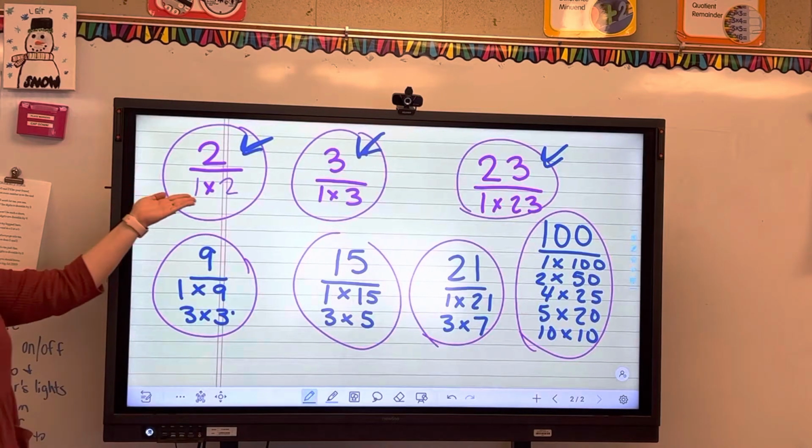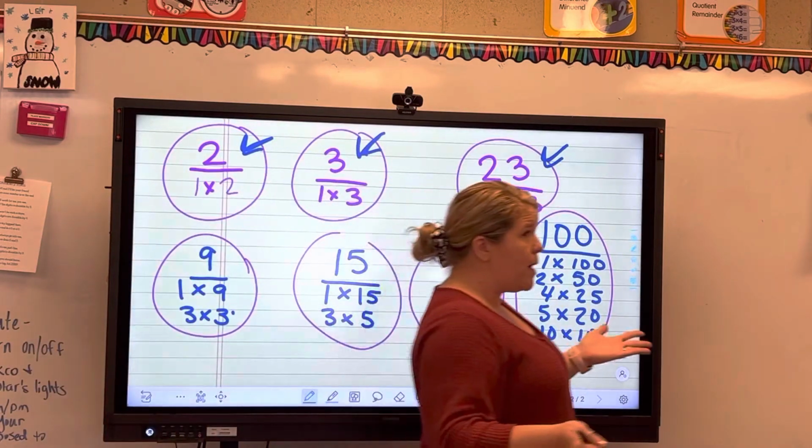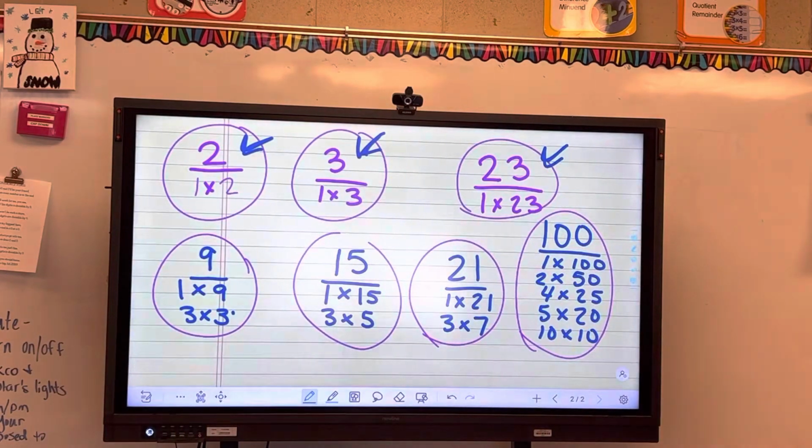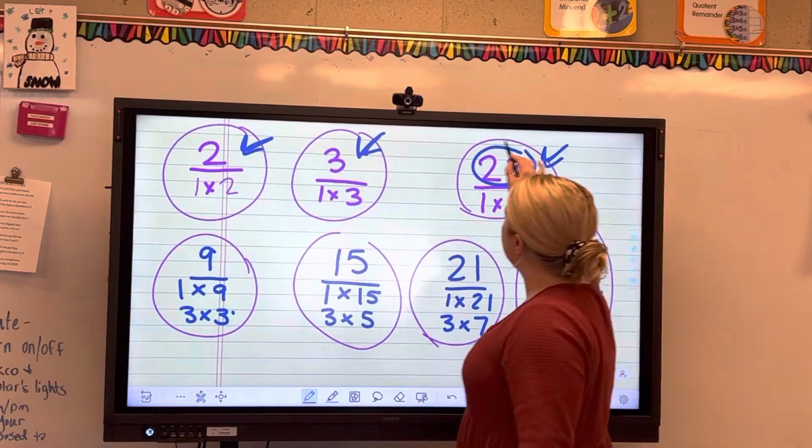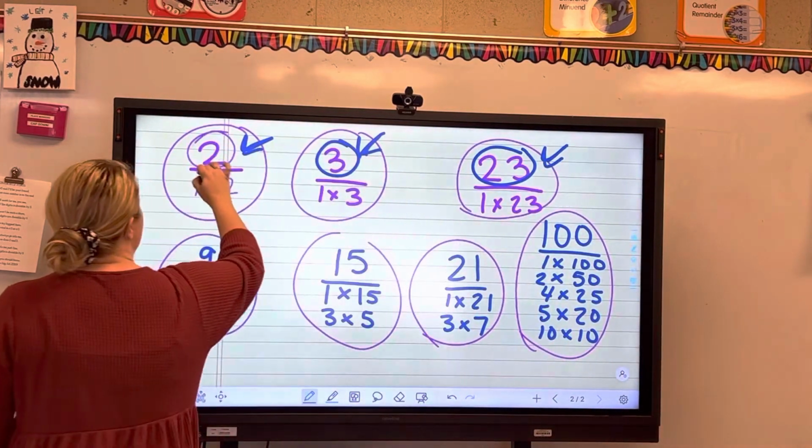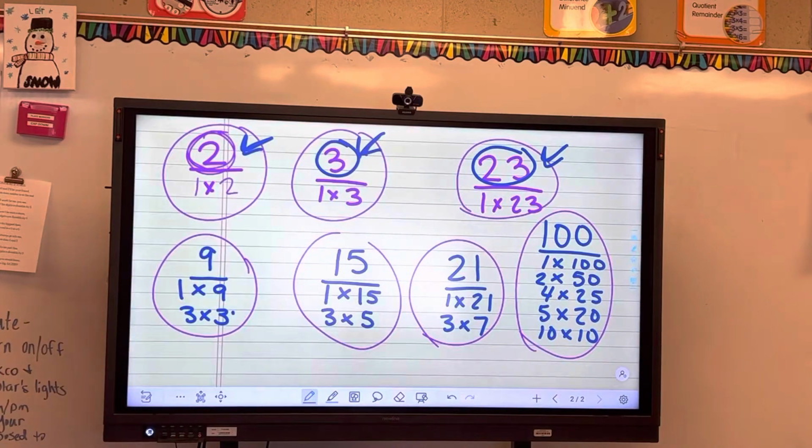Do they have more than 2? No. Do they have more than 1 factor pair? They have exactly 1, so they're picky. Those are prime numbers. So 23 is a prime number, 3 is a prime number, 2 is a prime number. Now there's more, but those are my prime numbers. Why are they prime? Because they only like 1 times themselves.